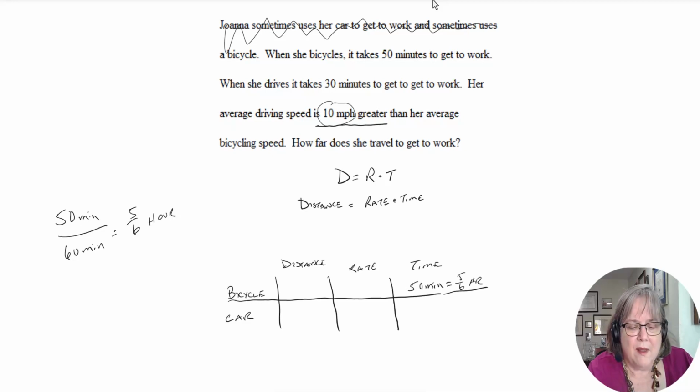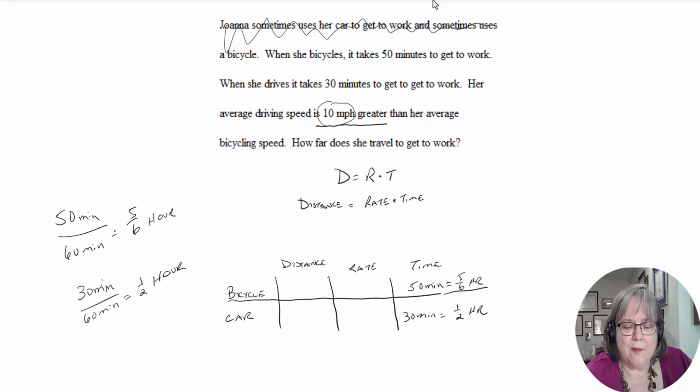Then when she drives, it takes 30 minutes. So 30 minutes out of the 60 minutes in an hour is half an hour. All right. And then we need to talk about the rate.